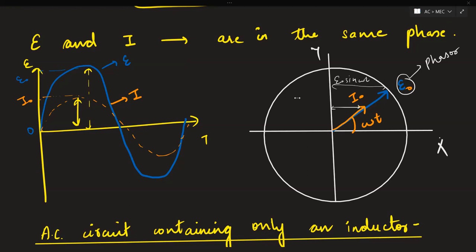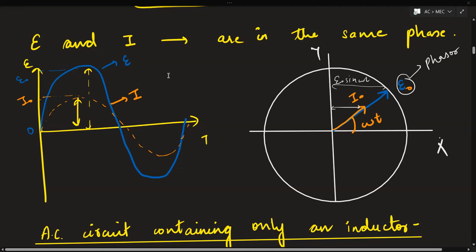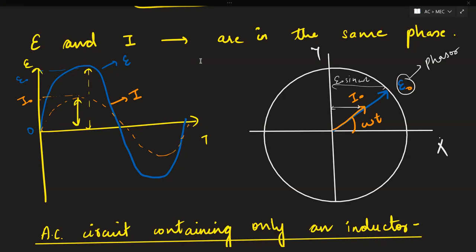Yes, Neha. Is there any phase difference between current and EMF, Sneha? Sarah? Asma? 90 degrees, but which leads what?